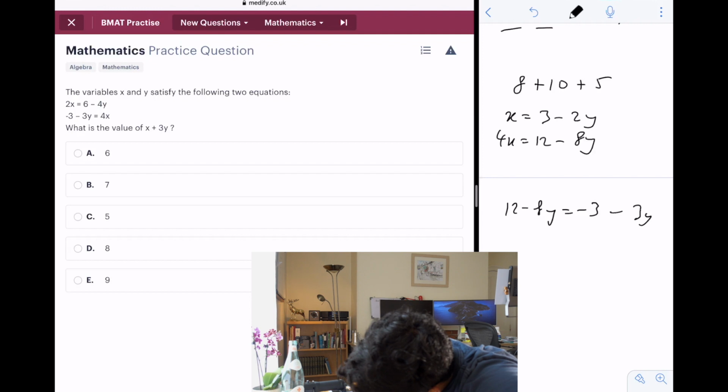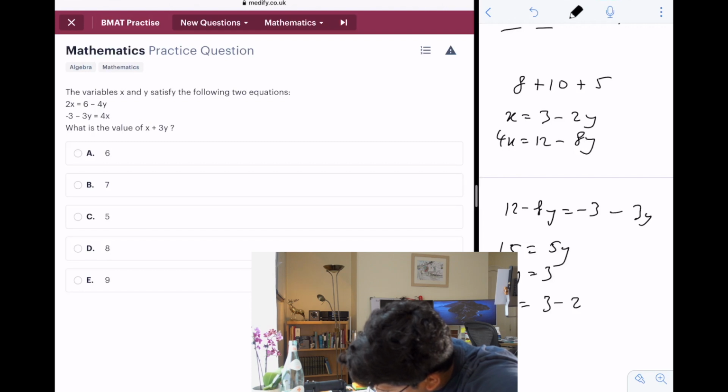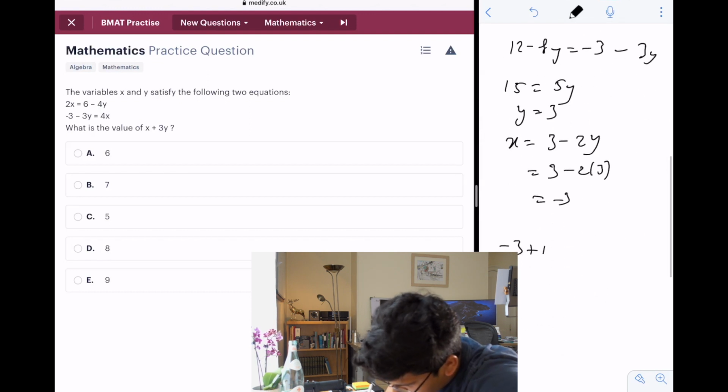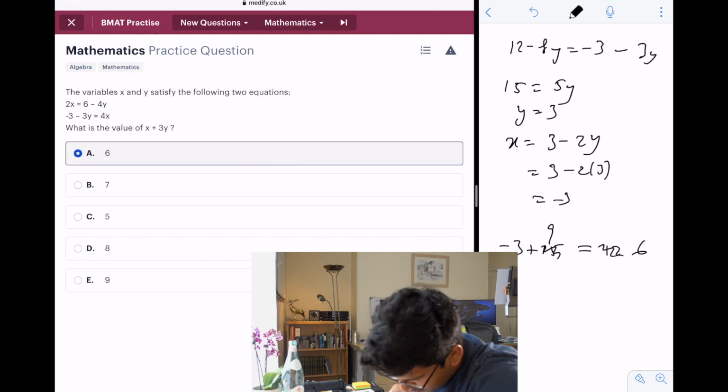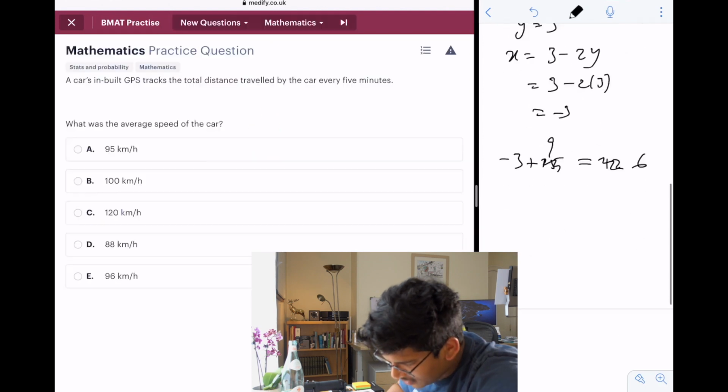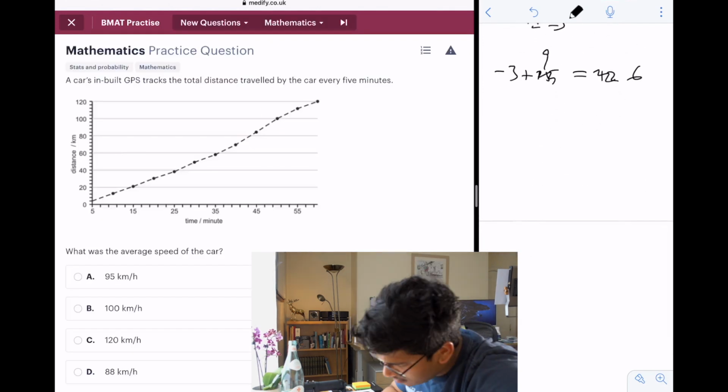So that's 15 is equal to 5y, y is equal to 3, x is equal to 3 minus 2y, which is equal to 3 minus 2 times 3, so x is minus 3, and y is 3, so x plus 3y is 9 minus 3, which is 6. Cool. Just some quick maths there, nothing too major.